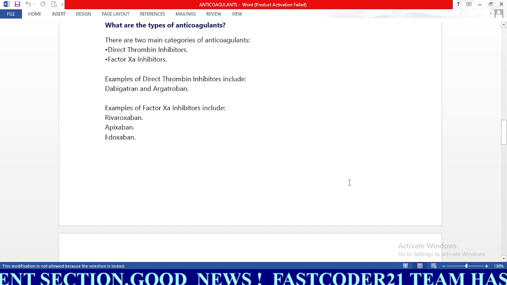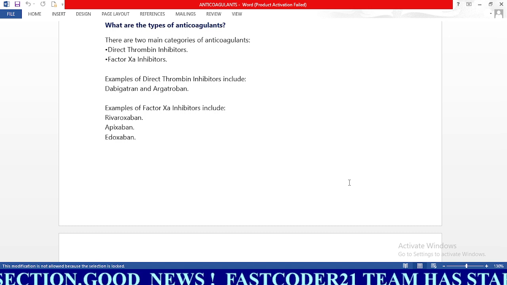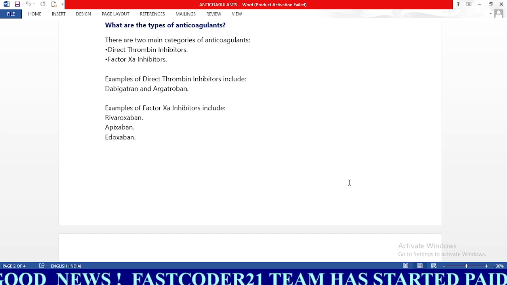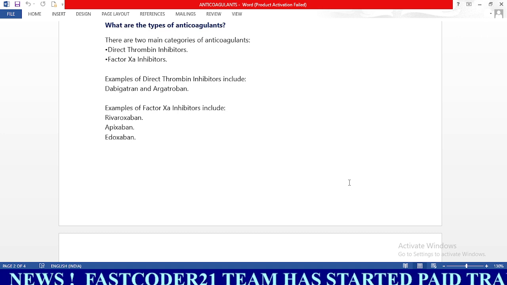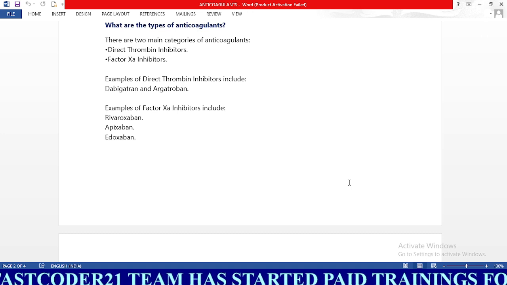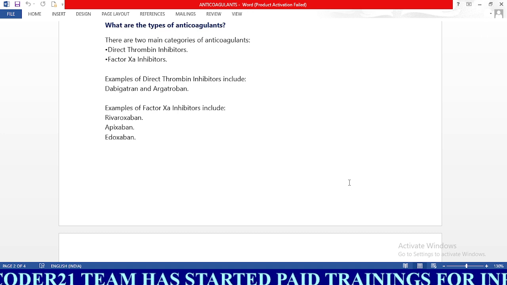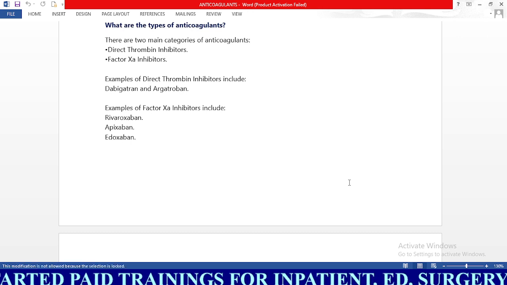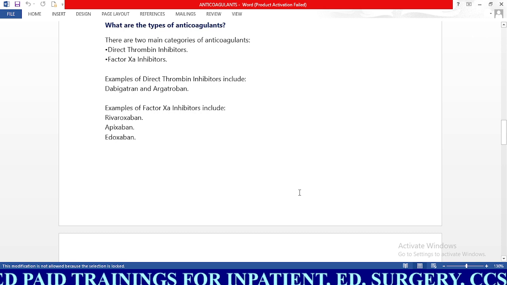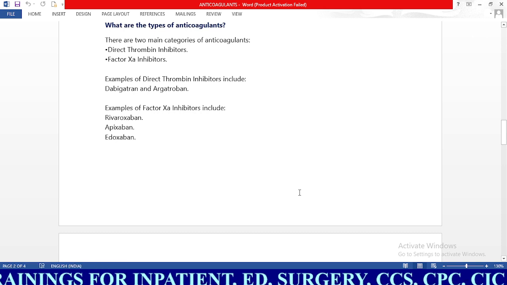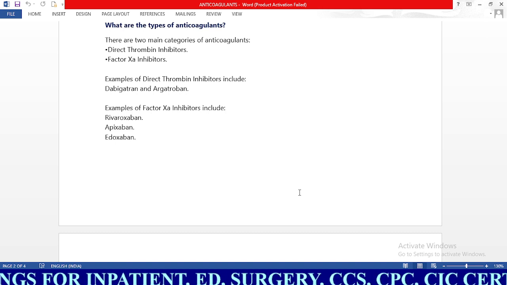So what are the types of anticoagulants? There are two main categories of anticoagulants: direct thrombin inhibitors and factor Xa inhibitors. Examples of direct thrombin inhibitors are dabigatran and argatroban. Examples of factor Xa inhibitors include rivaroxaban, apixaban, and edoxaban.